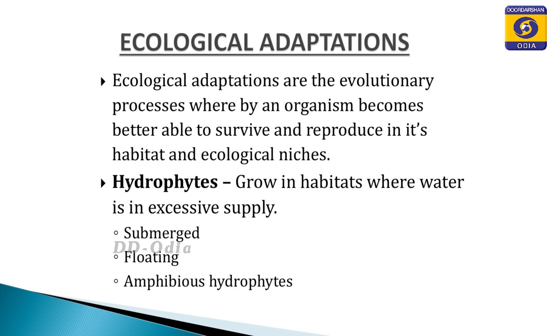Broadly, we can classify all living plants and animals according to the climatic or environmental condition where they grow, and specifically, taking into consideration the water condition of the area where the organism grows, we can divide plants into three groups: hydrophytes, which grow in habitats where water is in excessive supply, mesophytes, where plants grow in optimal supply of water, and xerophytes, where plants grow with shortage of water.